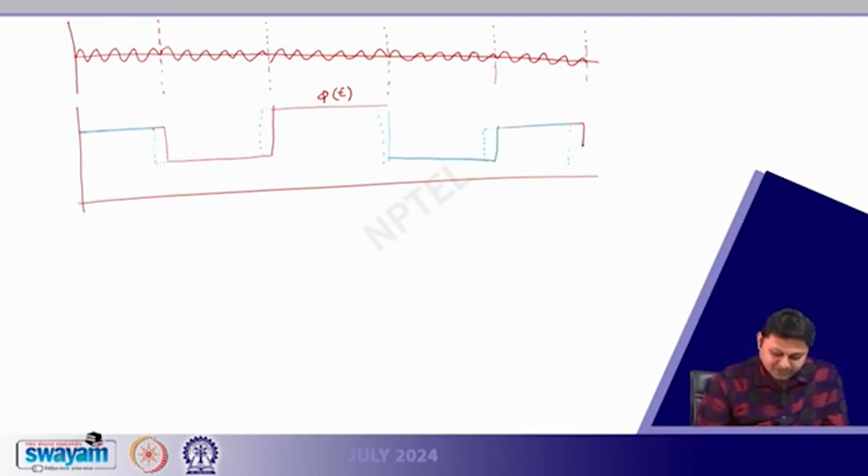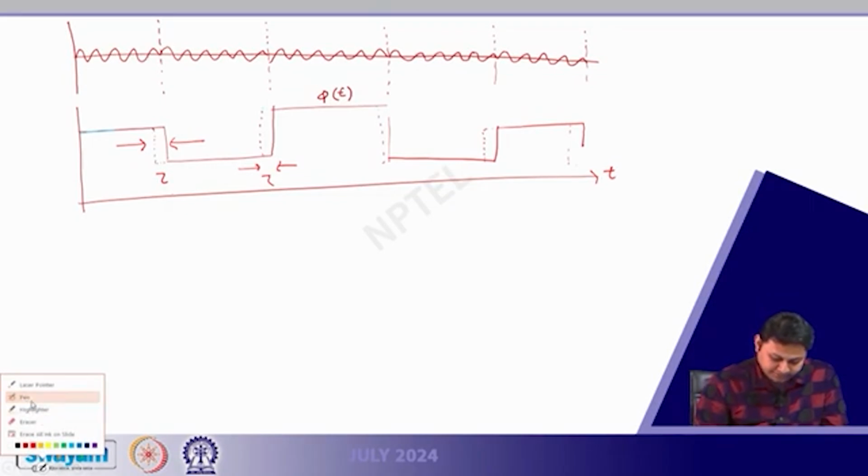So we will have this jump but at different times, and this time difference is essentially tau. So from here to here we have tau, from here to here we have tau. Over this I plot time, and this is happening for a time period tau 0, that is the coherence time.